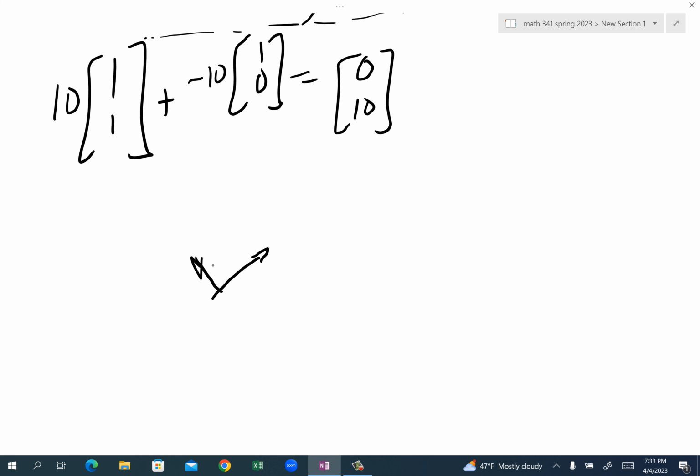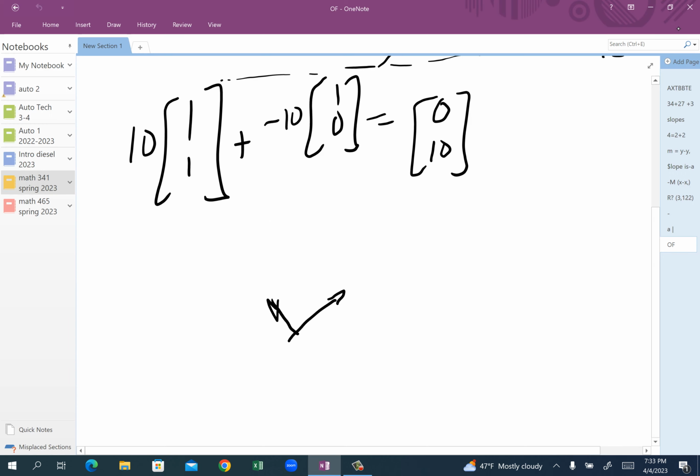Now, just as an aside, could you have three-dimensional vectors that create all of 3D space? And the answer, of course, is obviously yes.